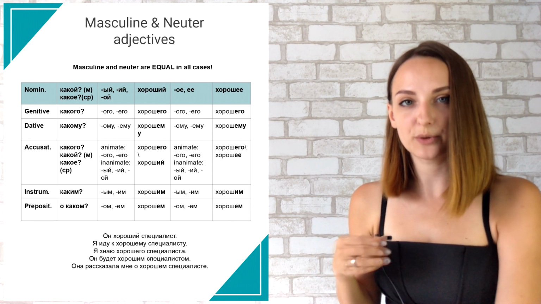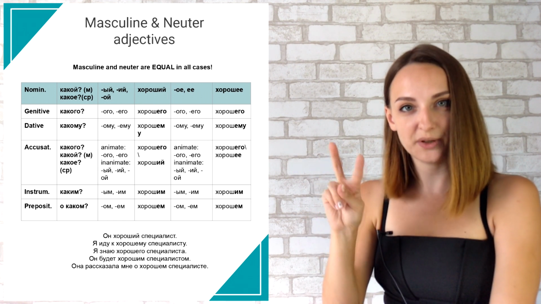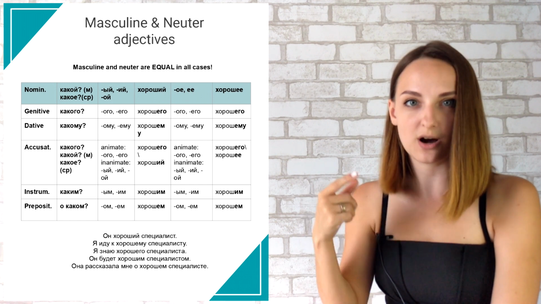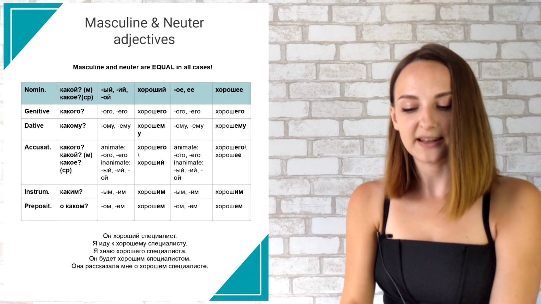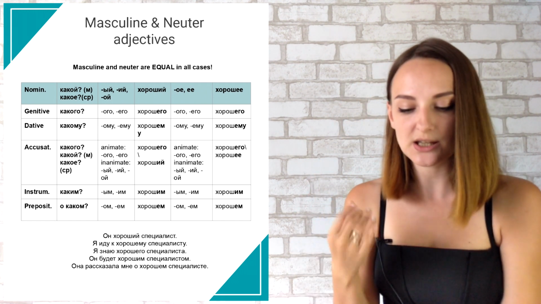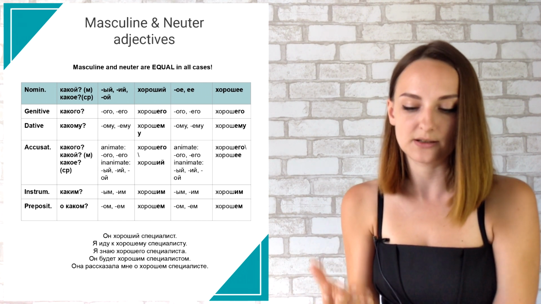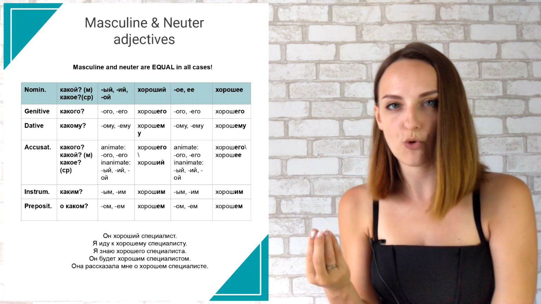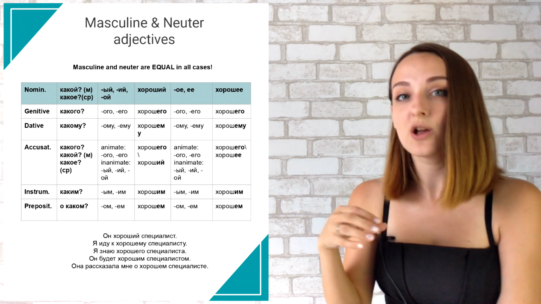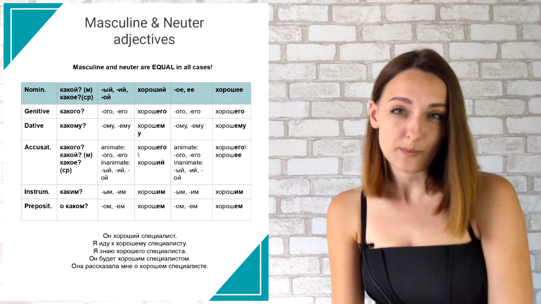Then, dative form will be different with ending ему, but it will be equal for masculine and for neuter. Хорошему, хорошему, да? Then, for accusative, here we have the same rule as for the nouns. If the object is animate, we have ending его or ого for masculine form, and the same его or ого for neuter form. But neuter nouns rarely will be animate, да?